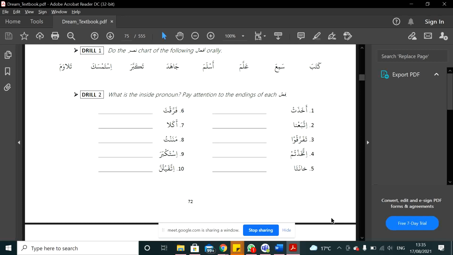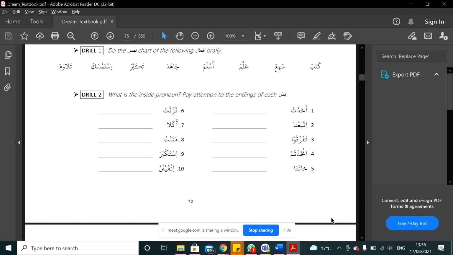Now let me find the meaning of ittaqaytin. I don't know the meaning of ittaqay. Sister Habiba, can you give me the pronoun for it while I'm looking for the meaning? Ittaqaytunna. Tunna is from antunna, all of you.